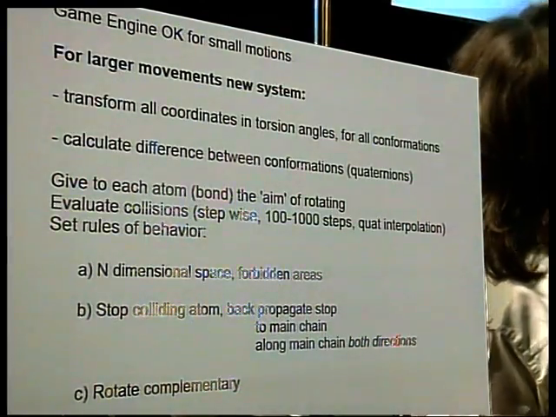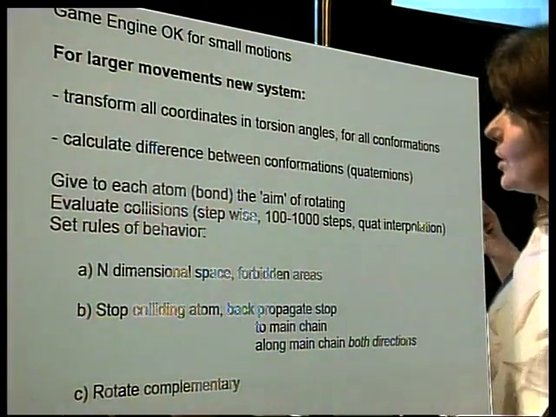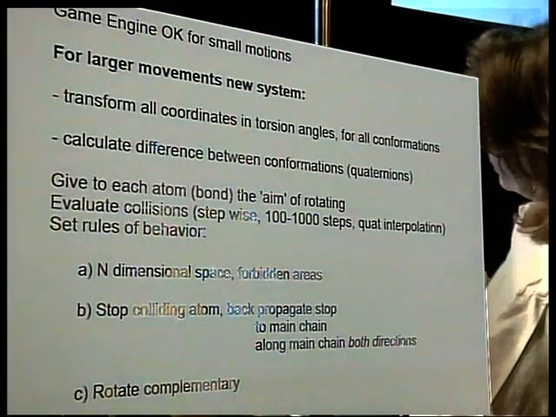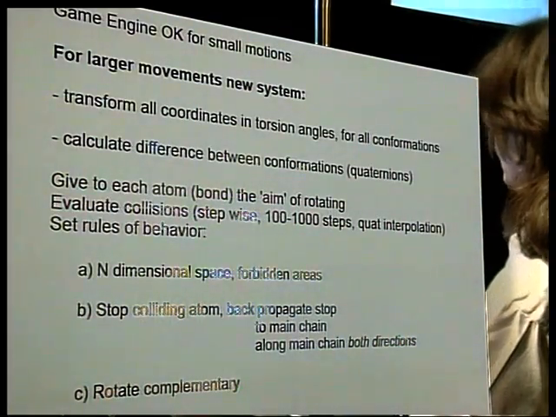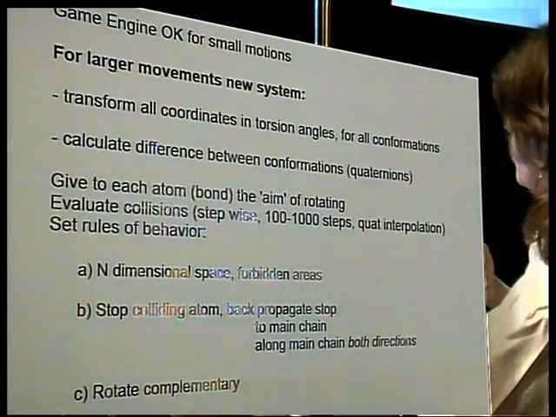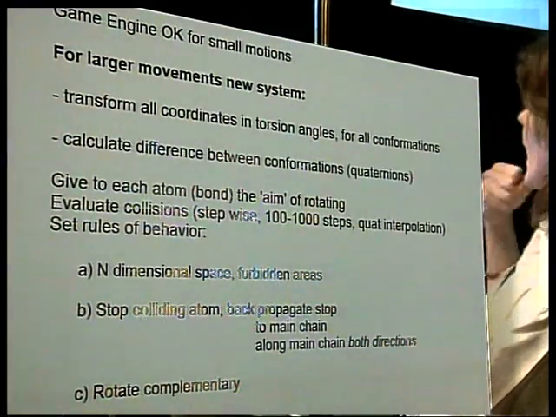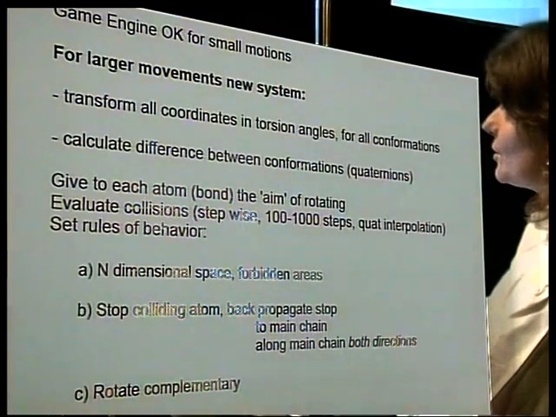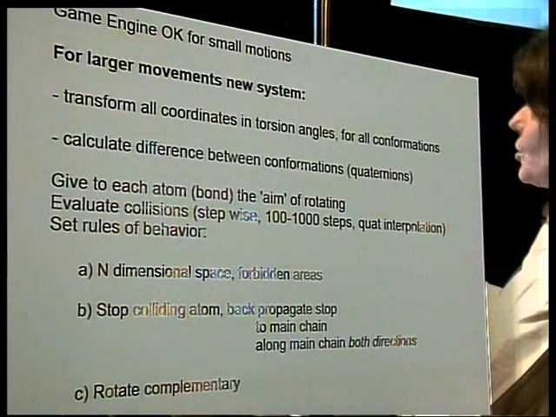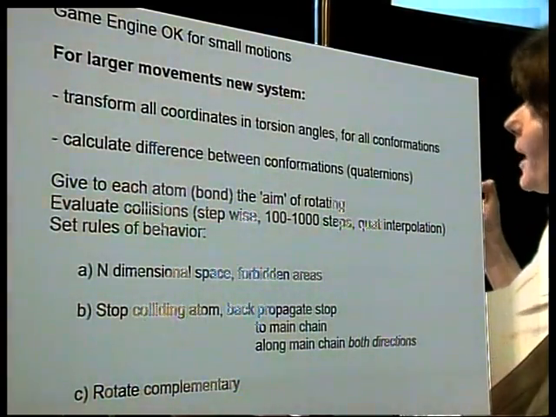Another possibility is that we start the system going through a direct interpolation, direct quaternion interpolation, of course, because it's always rotation. And whenever there is an obstacle or some reason to stop, the atoms that are directly colliding should stop the rotation, and the stop should propagate back from the side chain to the main chain.